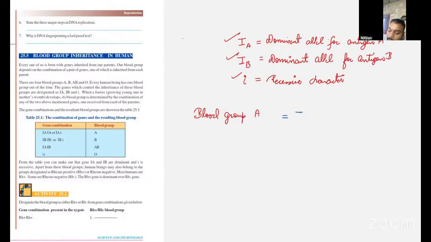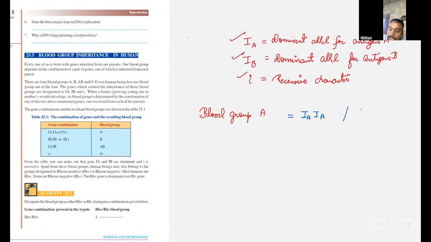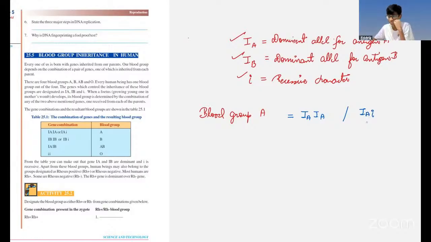It can have IA IA. A character is decided by two alleles, I told you, like capital T, capital T. In the same way, a person with blood group A can have IA IA, or IA small i. Small i is a recessive character, so in the heterozygous condition also, IA will show the dominance. Hence, the blood group will be A. Are you getting my point?